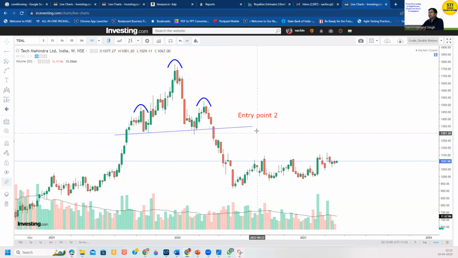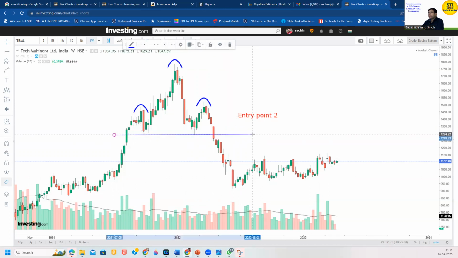So if the neckline is something like here, let us say maybe the false breakout. If the neckline is not slanting, or the left-hand side is not lower, at least you should try to mark a horizontal neckline.